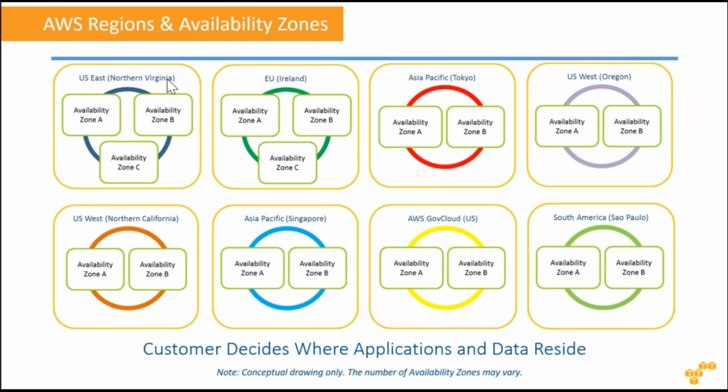If you take a North Virginia region, I have put 3 availability zones, and if you take Ireland, you have 3 availability zones, all interlinked and all interconnected. And finally, it is you as a customer, you decide where your applications and your data is going to reside. And I want to bring your special attention to this particular data center, which is called AWS GovCloud.